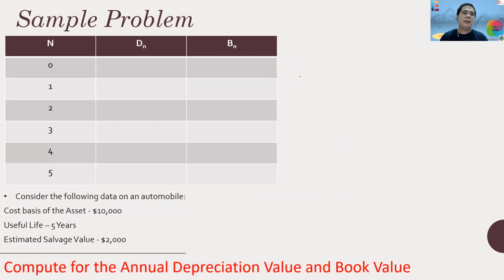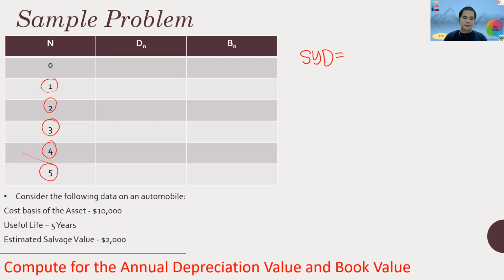Assuming you have the same problem. When you say SYD, you should sum up the years digits of the useful life. How? You have 1 plus 2 plus 3 plus 4 plus 5.